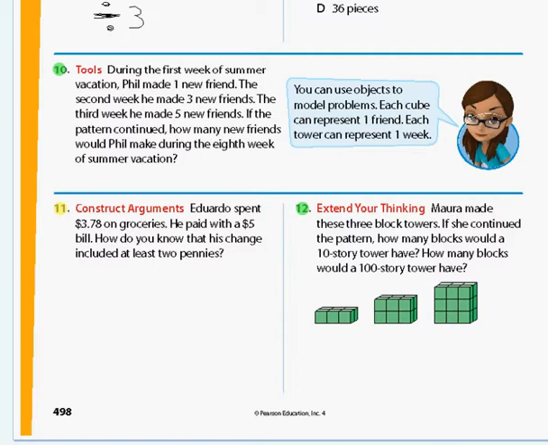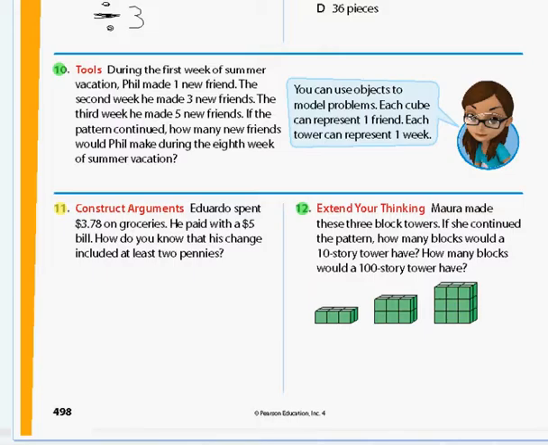And so go to the other page here. And so we're going to do week 1, week 2, week 3, week 4, 5, 6, 7, and 8. Okay. On the first week, let's go back and look. Okay, for the first week, he made 1 friend.